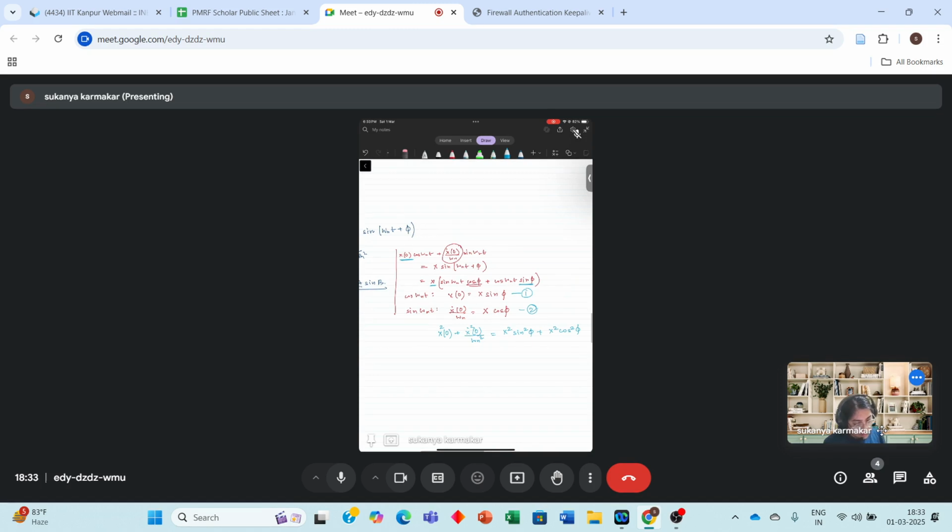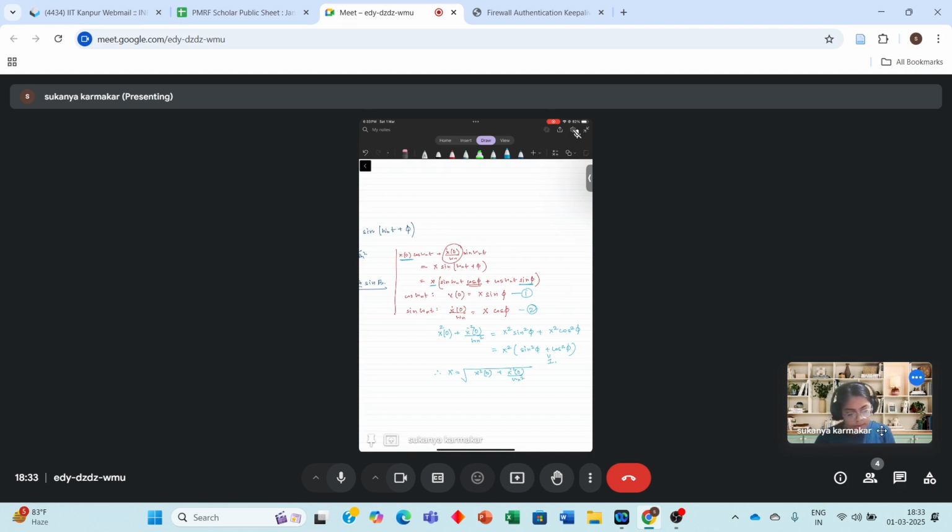Individually, I'm squaring equations 1 and 2 and adding them. Now, sin square phi plus cos square phi is 1. So from here, I can write X is equal to under root of that sum, so this is how I calculate X, the amplitude.